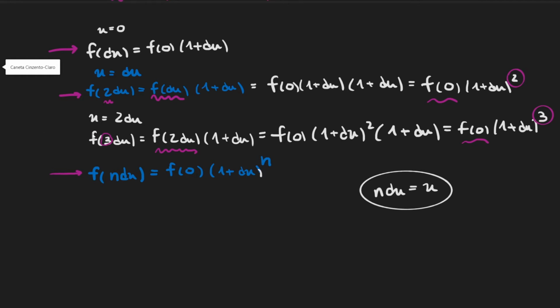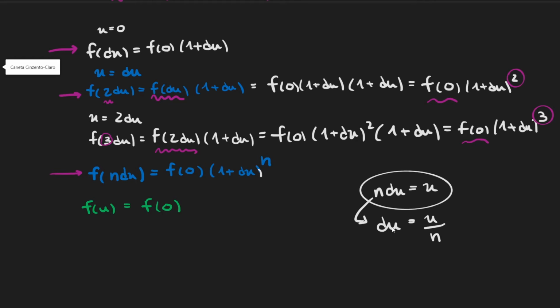We can just substitute and get f(x) equal to f(0), and we can say that dx equals x divided by n.